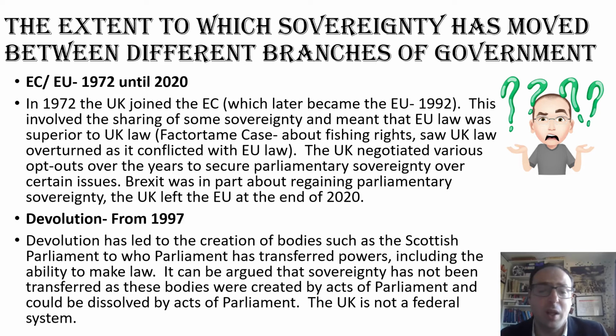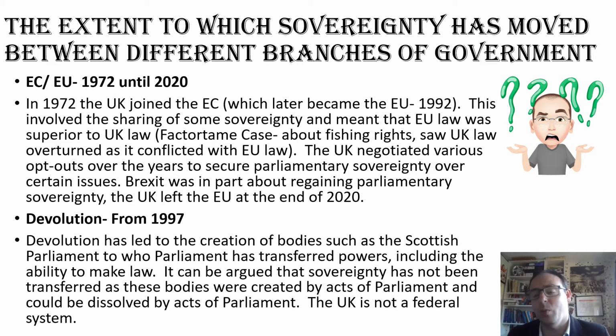Brexit was at least in part about regaining parliamentary sovereignty. The UK left the EU at the end of 2020, and you can say that there was some sovereignty which wasn't sitting with Parliament, it was sitting with the EU, but since 2020 that sovereignty has been taken back, and it now lies with Parliament again.